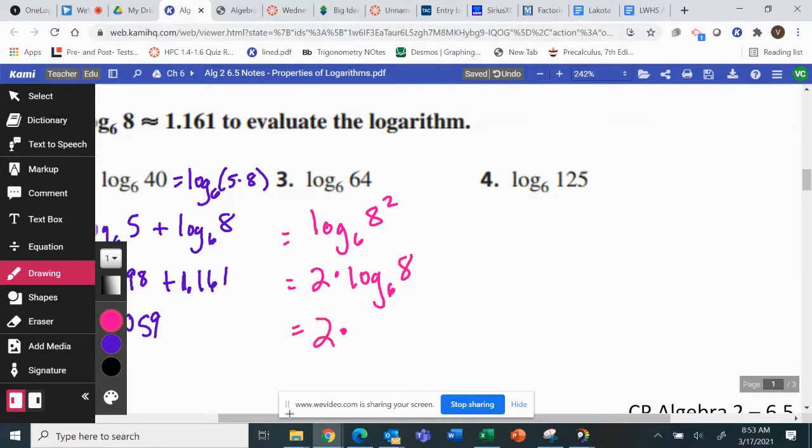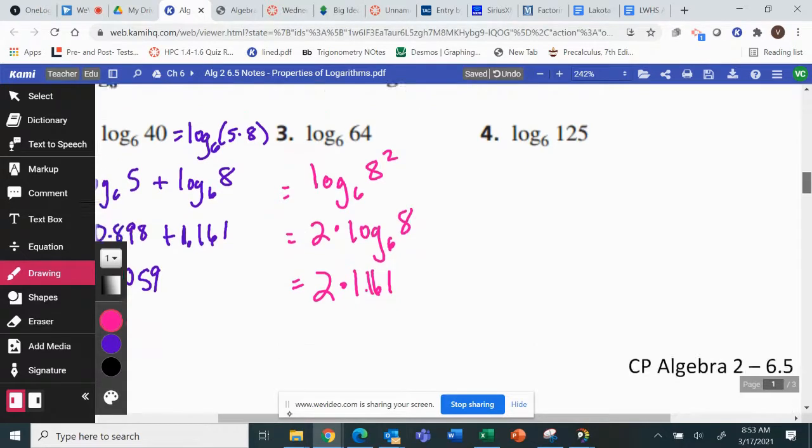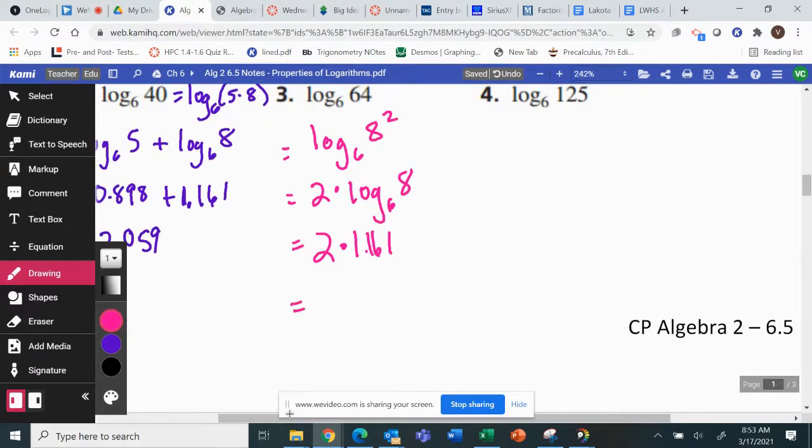So I get 2 times 1.161. Oops, wait, is it 2.322 or did I mess up? Okay, 2.322. It's not gonna get less ugly.